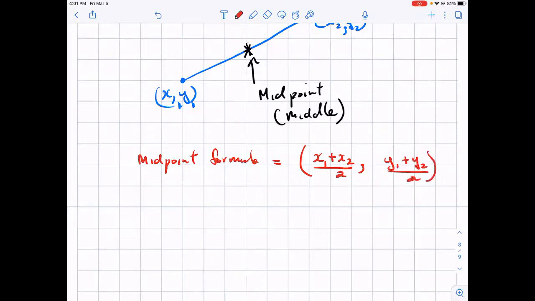Remember, middle is sort of your average. So what we do, we divide by 2 since we're speaking of middle. Middle is your average.